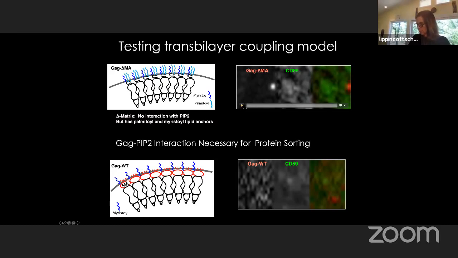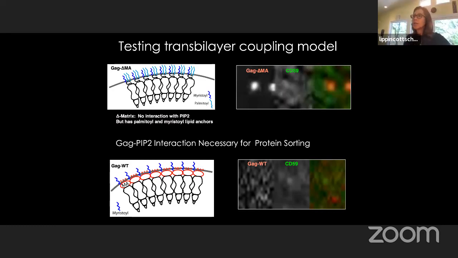And so what we found, amazingly, is that CD59 does not go into these GAG delta MA clusters. So we can get GAG to cluster when we remove this MA just based on GAG's affinity for itself. But those clusters do not recruit these ordered proteins, CD59.